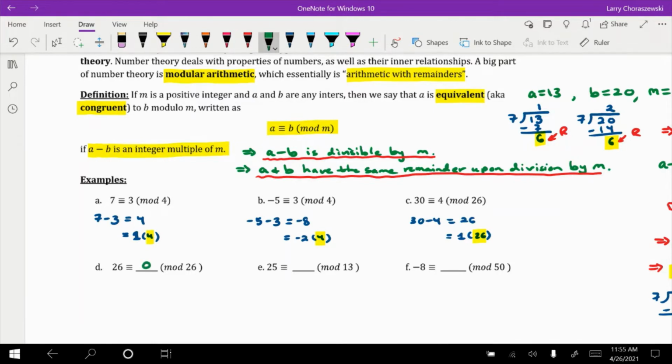Yep. That's called the smallest positive residue, by the way. But to verify this, if you did 26 minus 0, you get 26, which is 1 times 26, which implies that A minus B is divisible by 26. Do you think this is the only answer to this problem, though?